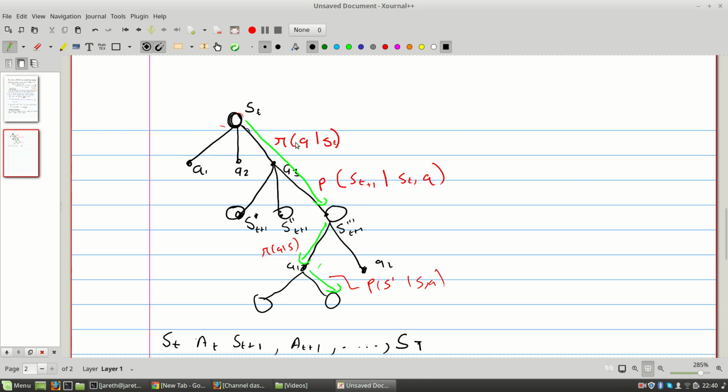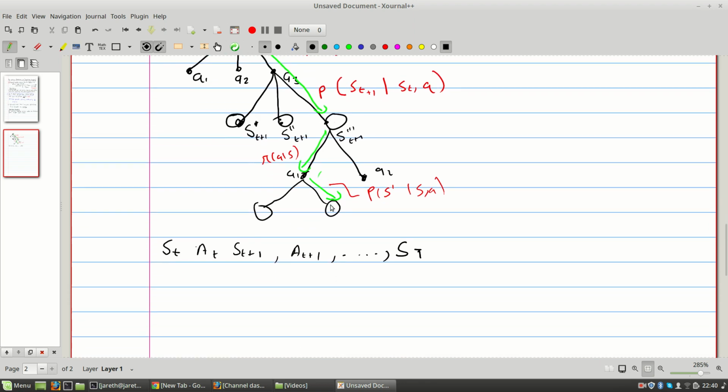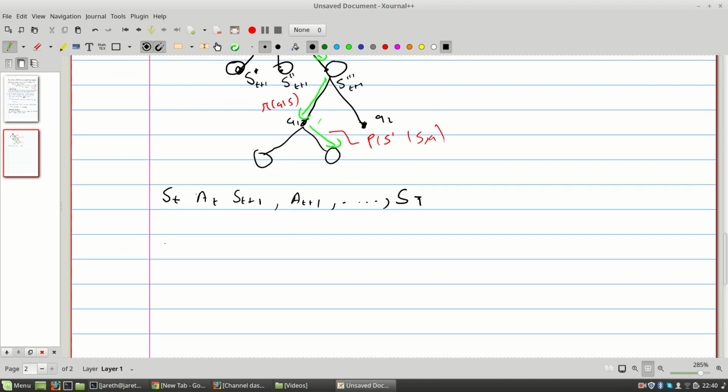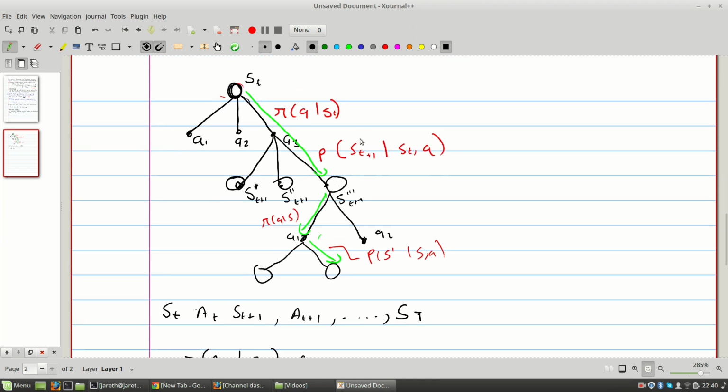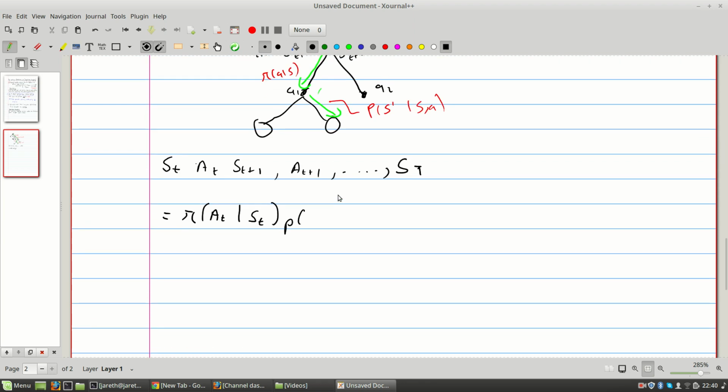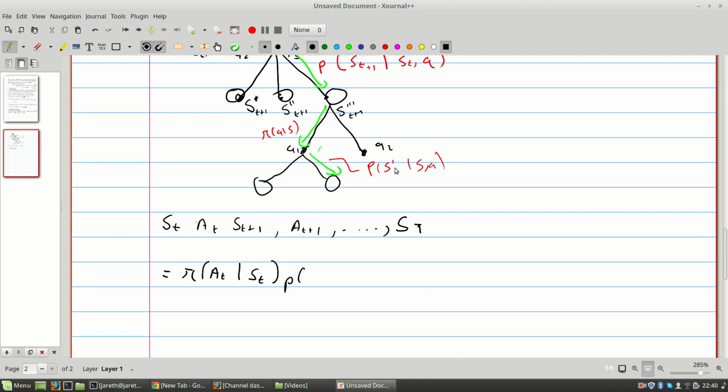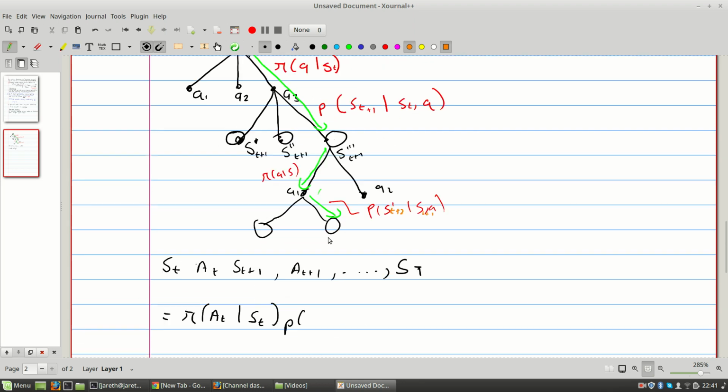Well, we know how to represent this probability. It is equal to the probability that I take action A_t the very first time, given that I'm in state S_t, times the probability that I end up in some state S_t+1, and then S_t+2 given S_t+1 and A, roughly, because you should be familiar with this by now.